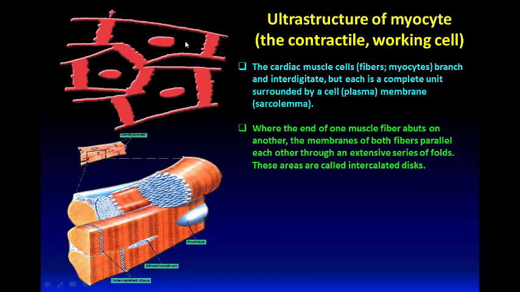Where the end of one cardiac muscle cell abuts on another cardiac muscle cell, the membranes of both fibers parallel each other through an extensive series of folds, and these areas where we have the extensive series of folds are known as the intercalated discs.